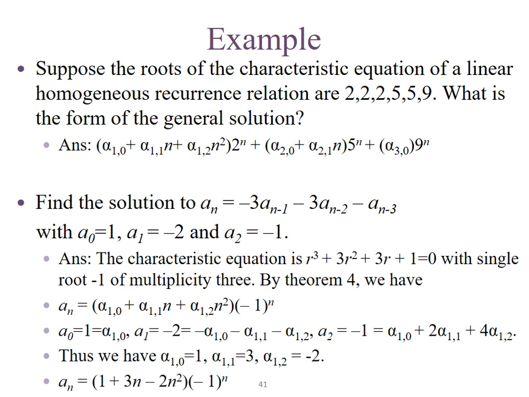We can use the index 1 to indicate the first root, and we use 0, 1, 2 to indicate different terms for the same root 2. Okay, so we have alpha_1,0 plus alpha_1,1 times n, and alpha_1,2 times n squared.